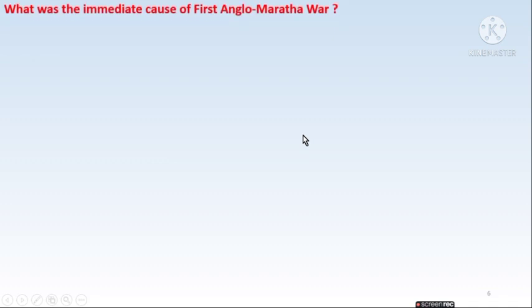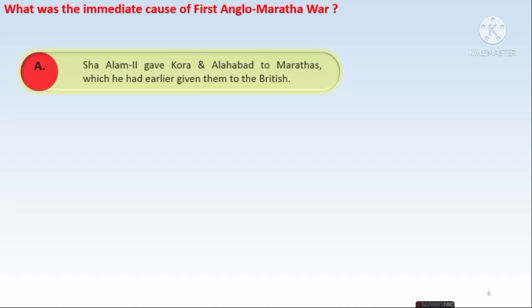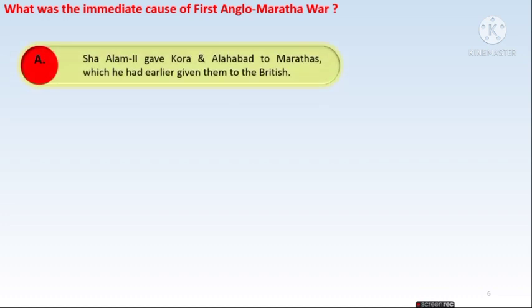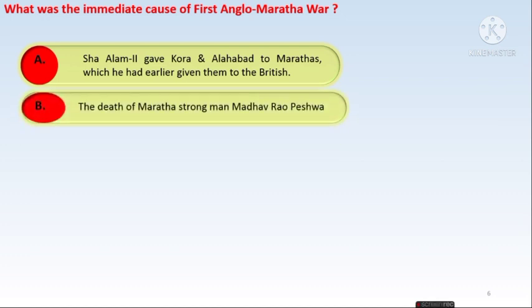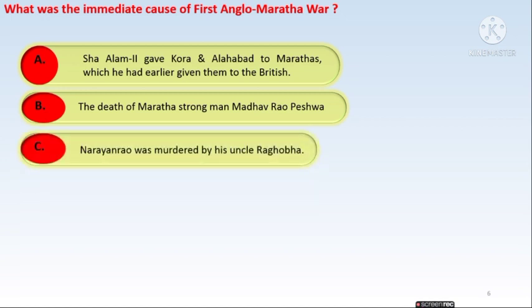The next question is, what was the immediate cause of the first Anglo-Maratha war? See the options. Option A, Shah Alam gave Kora and Allahabad to Marathas, which had earlier been given to the Britishers. Option B, the death of Maratha strongman Madhavrao Peshwa. Option C, Narayanrao was murdered by his uncle Raghoba, or none of the above.